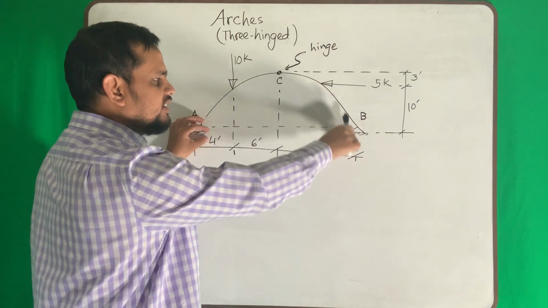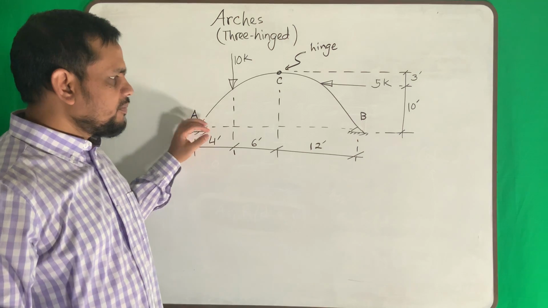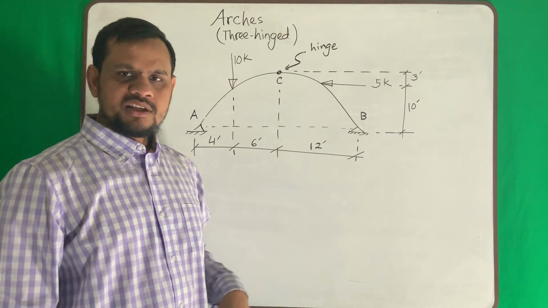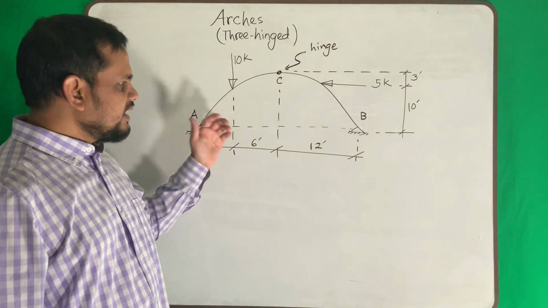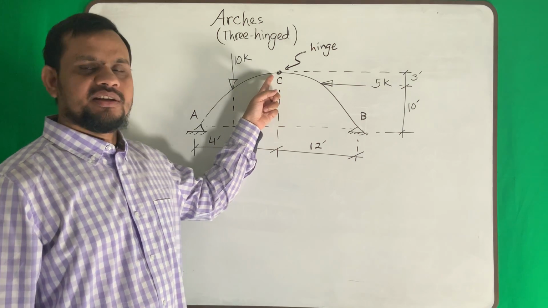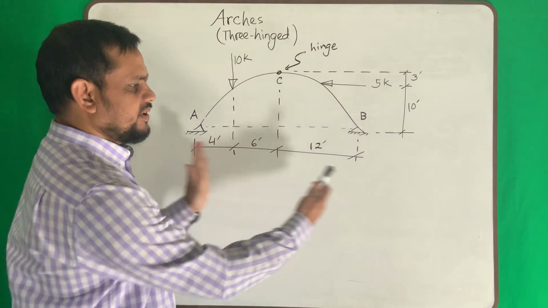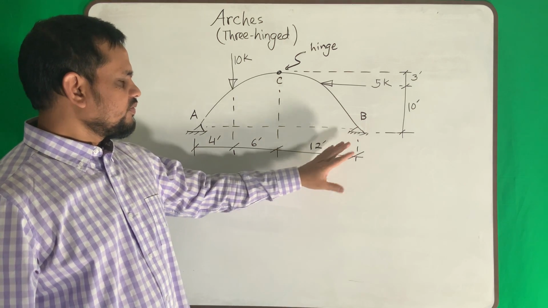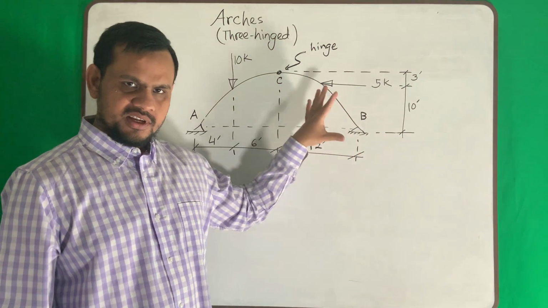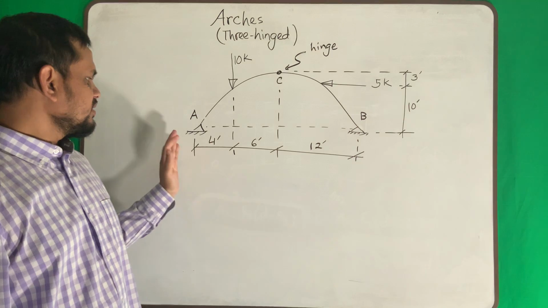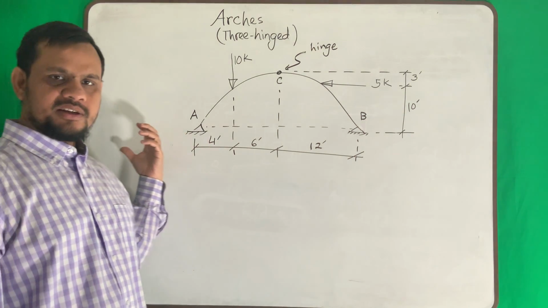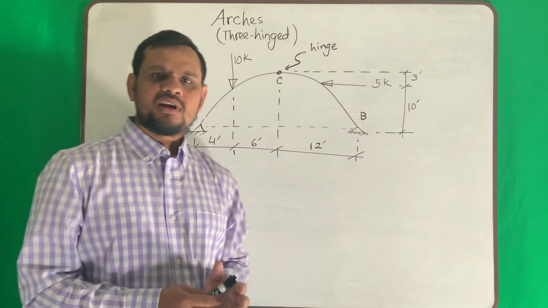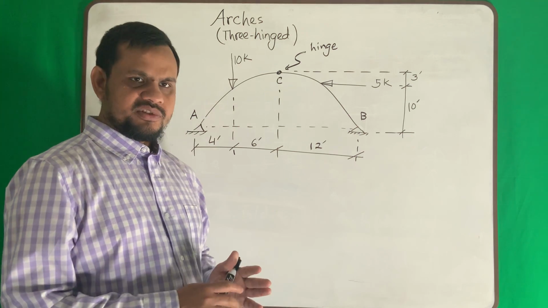So we will find this reaction, but we cannot find this reaction. What to do? Next step, we have to cut here. We have to separate this, and after separation, if we want to find my force here first, take that side. If you want to find your force here, then take this side. So that is the typical analysis procedure.